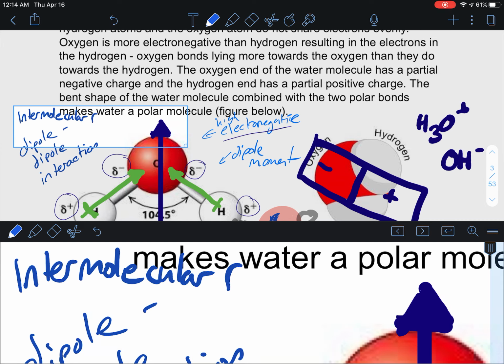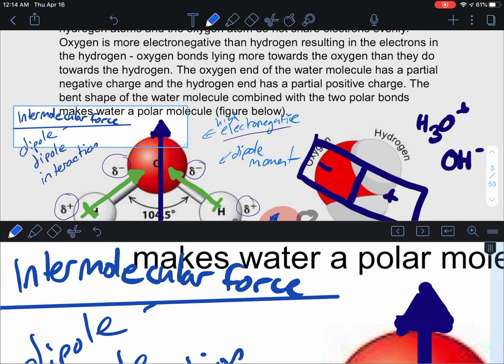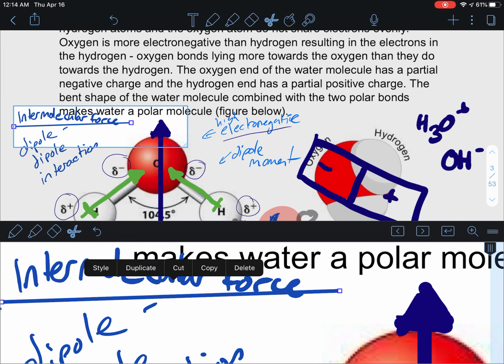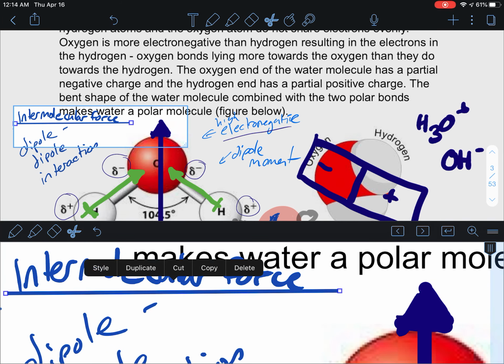As with all forces, like the Coulomb force, it's something that needs to be overcome in order for chemical change to occur. Remember, chemical change is really just a rearrangement of atoms, and so forces in general oppose rearrangement.